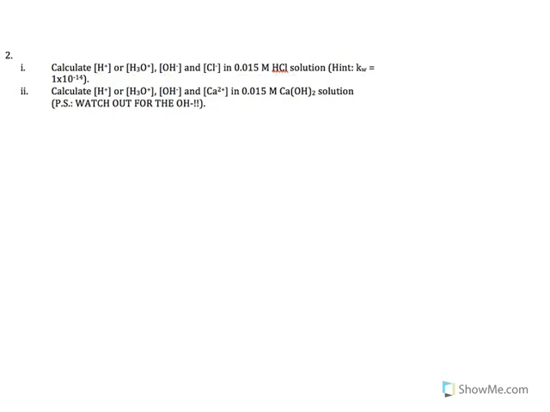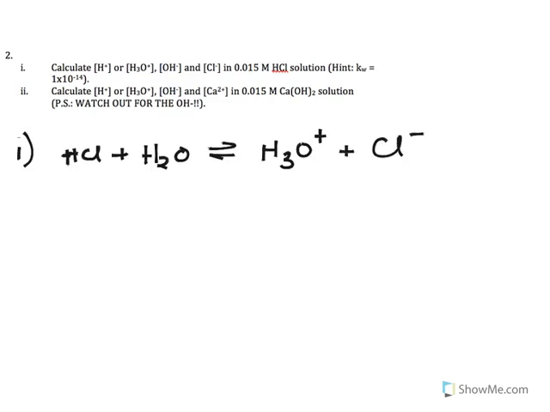Now, since we're given a strong acid for the first part, we can say that HCl in water will dissociate into hydronium ion or H plus ion and chloride ions.